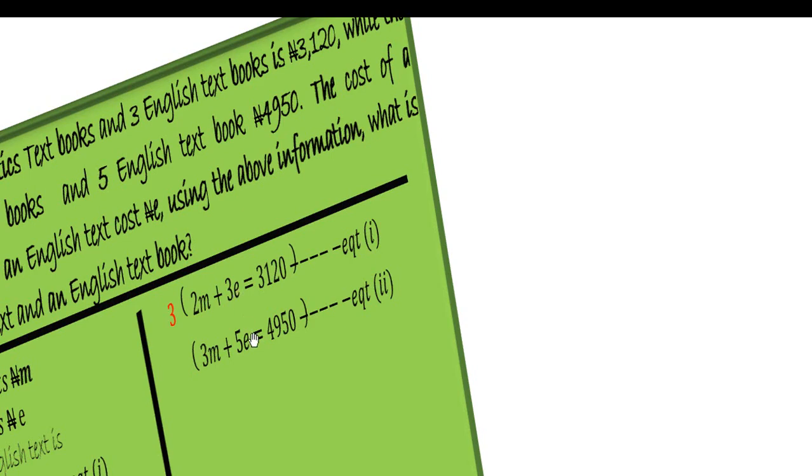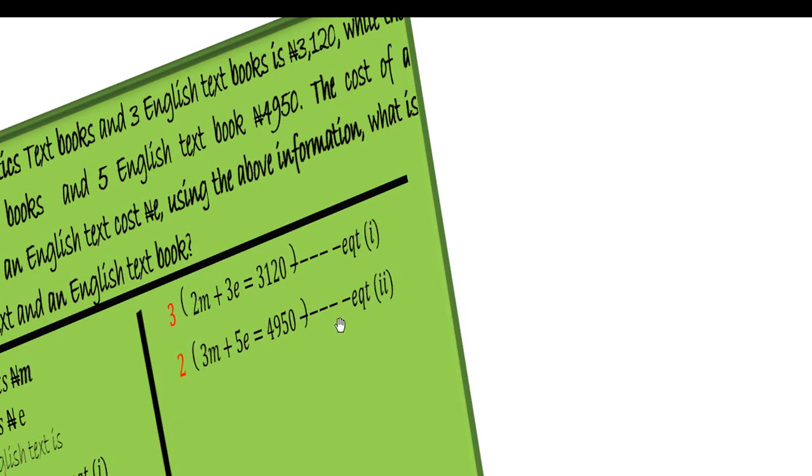Sorry, I want to eliminate m, such that I will multiply equation 1 by the coefficient of m in equation 2, then I will multiply equation 2 with the coefficient of m in equation 1. So this 3 comes up here to multiply equation 1, then this 2 comes down here to multiply equation 2.